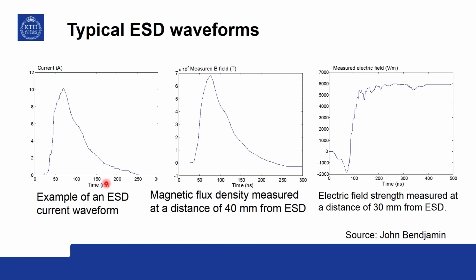So, this typically represent a human body type of ESD, the interaction between human body and some metallic devices. And this shows the magnetic flux from that type of currents, and this shows the electric field strength measured around a few centimeters away from the discharges.